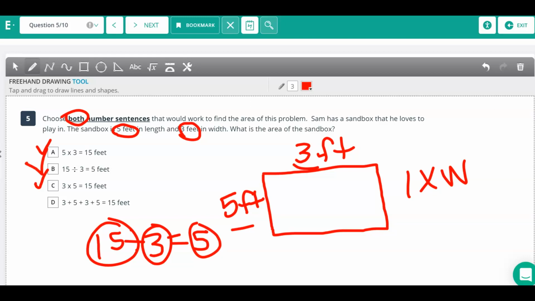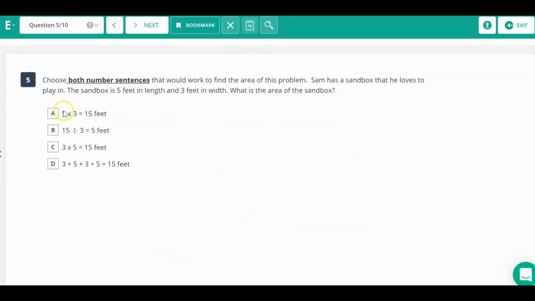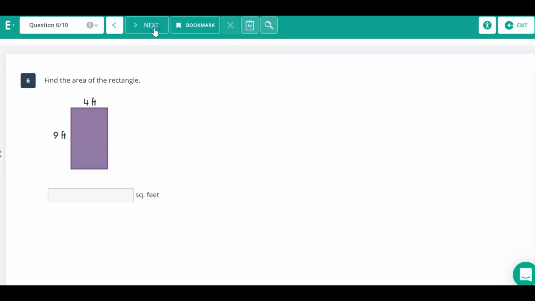So that one is also a correct number sentence. So we're going to choose A, B, and C. Go ahead and choose those now. Moving on to number 6. Number 6 you will do on your own. Pause the video now and find the area.